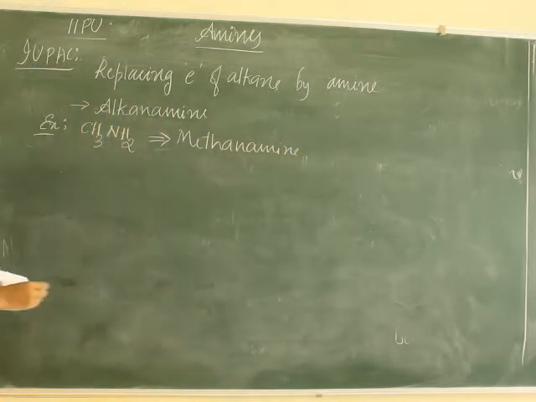Next, in case more than one amino group is present at different positions, you have to consider the parent chain, and their positions are specified by numbers.